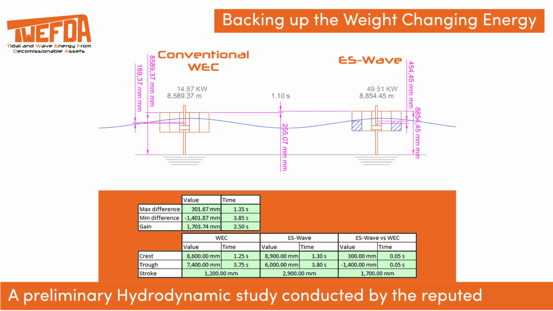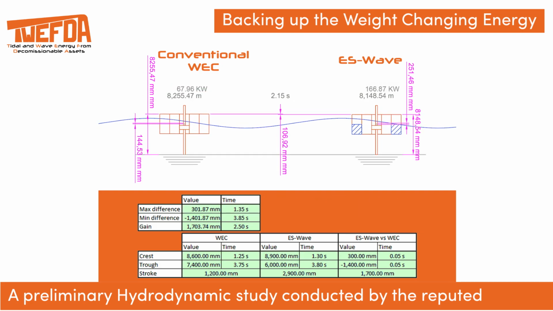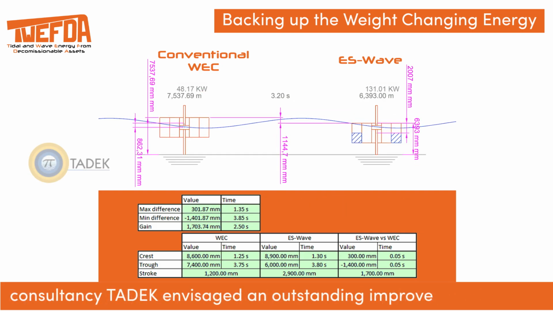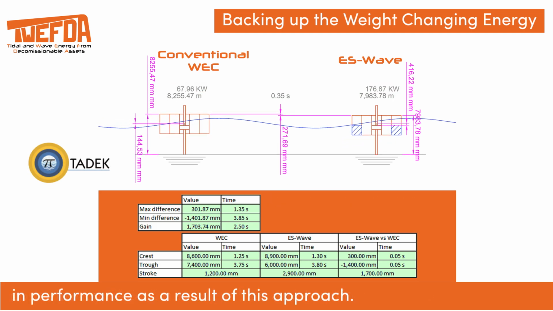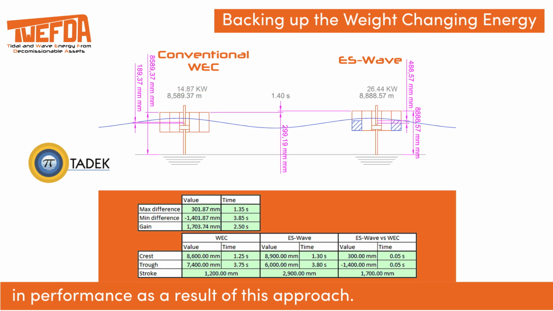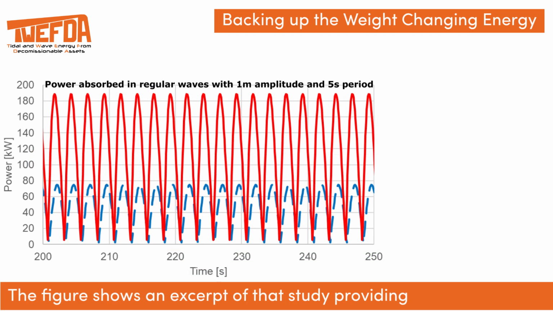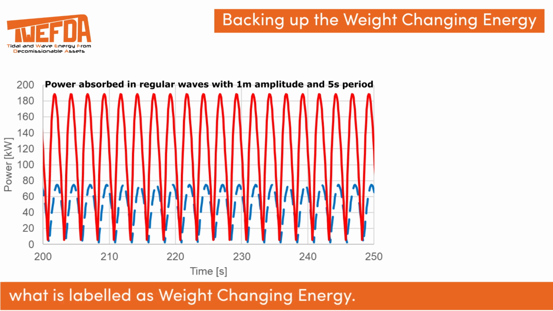A preliminary hydrodynamic study conducted by the reputed consultancy TADEC envisaged an outstanding improving performance as a result of this approach. The figure shows an excerpt of that study providing desktop proof of concept and illustrates what is labeled as weight changing energy.